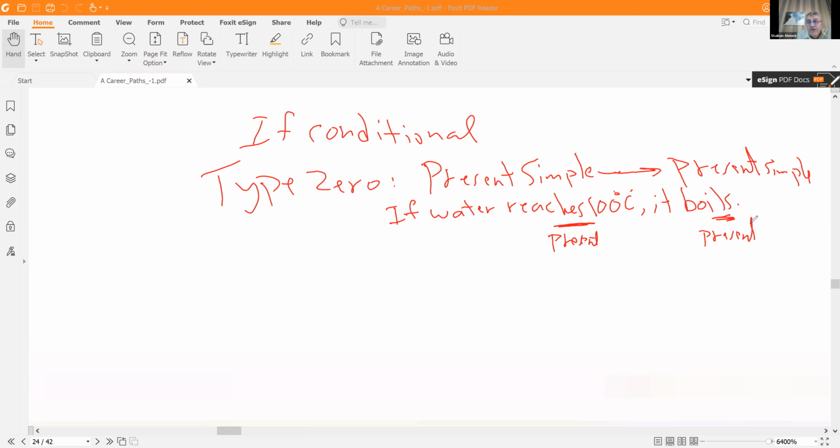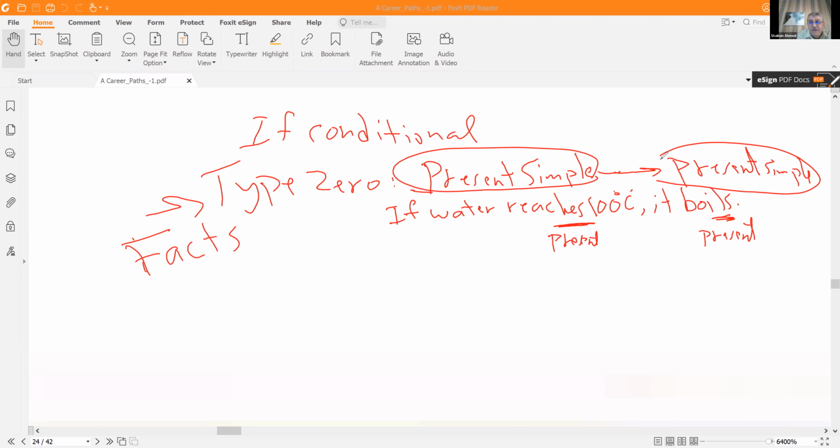Reaches 100 degrees Celsius, يصل إلى 100 مئوي, it boils, يغلي. So this is a fact. So type 0 هي present simple tense مع ال present simple tense مع الحقائق الكيماوية، الحقائق الحيوية، الحقائق الطبية.